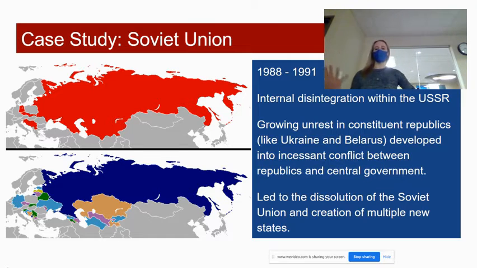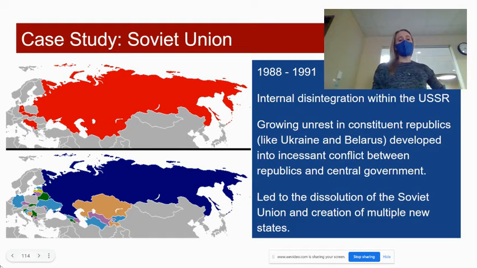The dissolution of the Soviet Union led to the creation of multiple new states. So here we have Ukraine, Kazakhstan, the countries of Georgia and Armenia, Lithuania, Latvia, Estonia. All of these countries were created after the disintegration of the USSR.